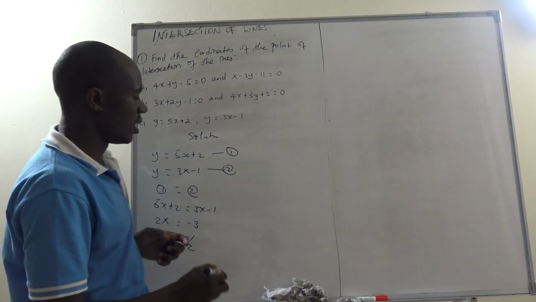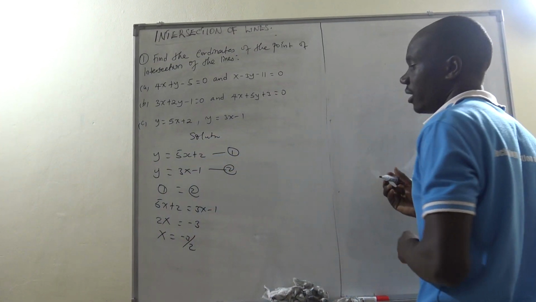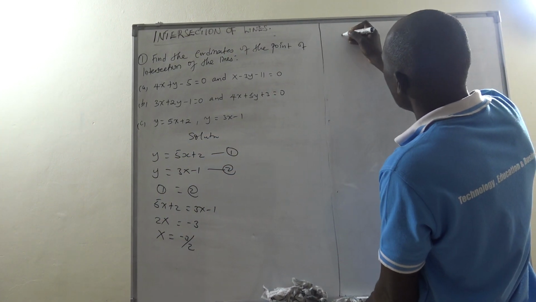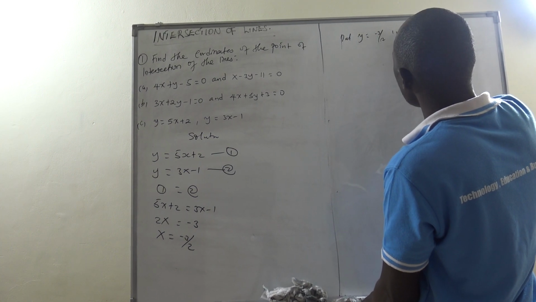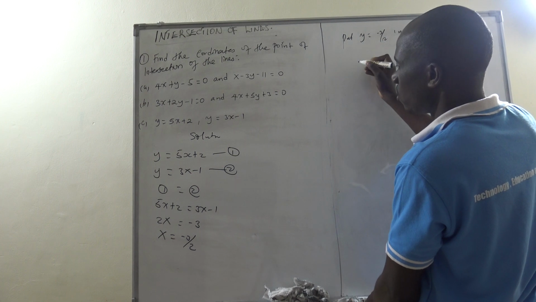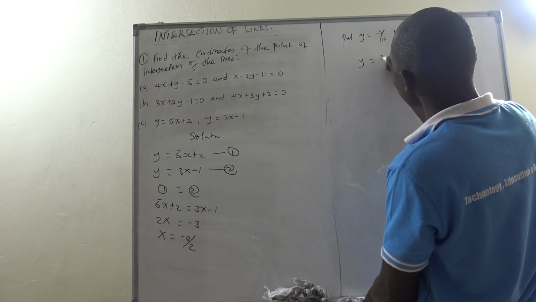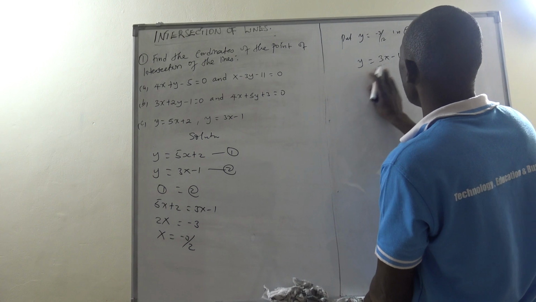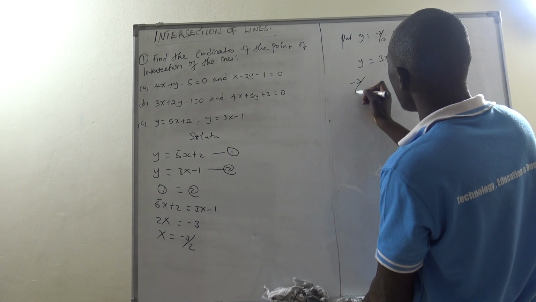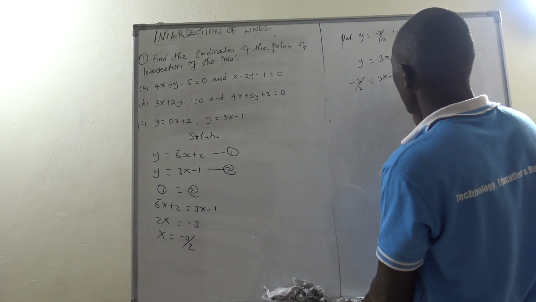And we substitute in any equation. I can say, put x equals negative 3 by 2 in 2. What is equation 2 saying? y equals 3x minus 1. Now we have already known x, it is negative 3 over 2. So y equals 3 into negative 3 over 2 minus 1.